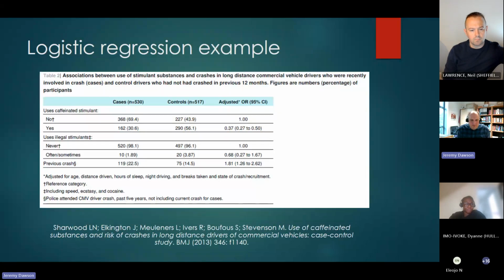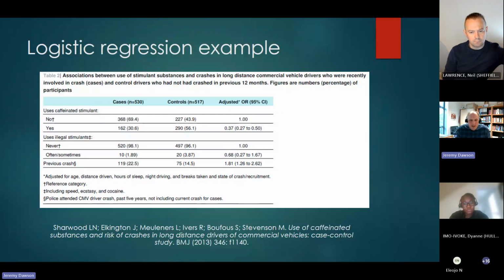And just as a very brief example, I'm not going to go through this in quite so much detail, but from another BMJ paper, which is looking at use of different stimulants and risk of crashes in long distance drivers of commercial vehicles. So it was a case control study.